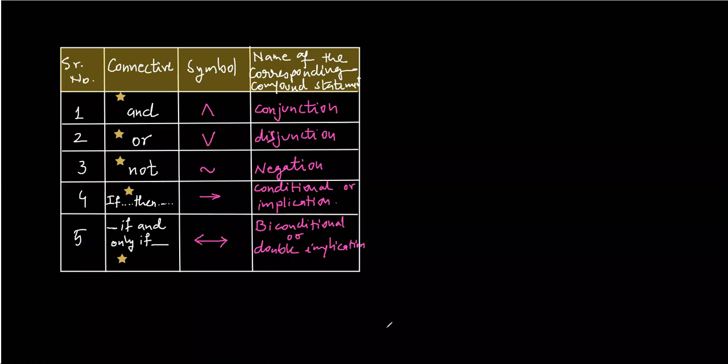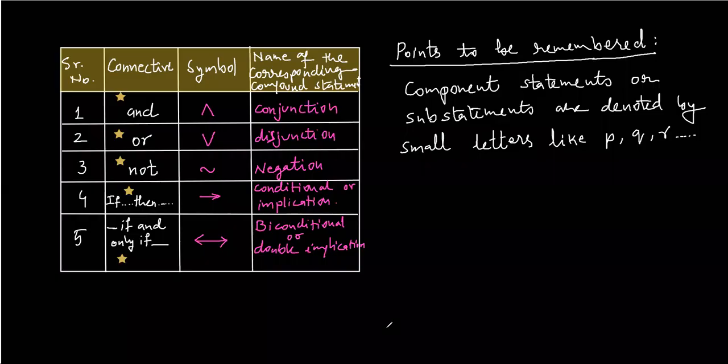So you will make this table. Okay, students, here there is one point that we need to remember: component statements or sub-statements are denoted by small letters like P, Q, R. So what does that mean?